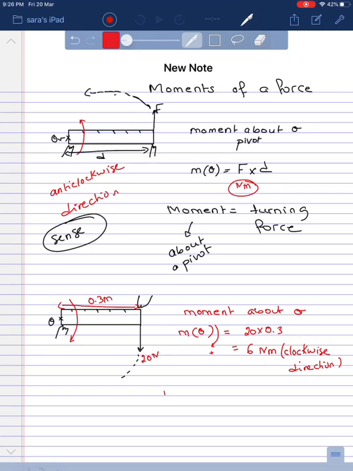You will ask me, what if I specify my moment around O to be positive in the anti-clockwise direction? It will be very simple. The only difference is that you will write minus 6 Newton meter, because you chose your direction to be anti-clockwise, but in fact you're pushing downward towards O, which is a clockwise direction. So I just represent it by a negative.